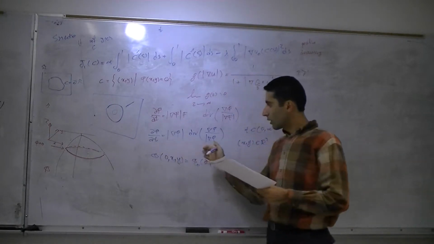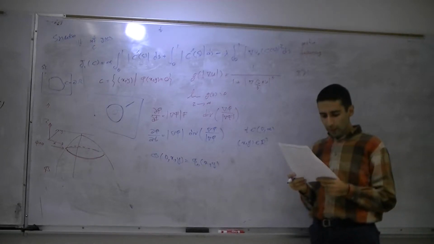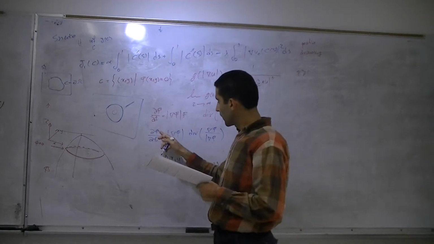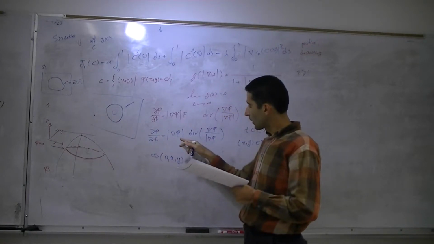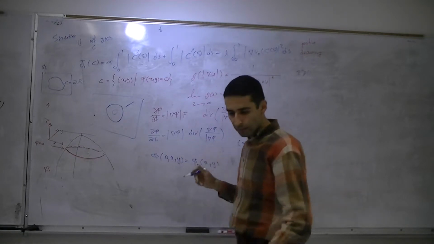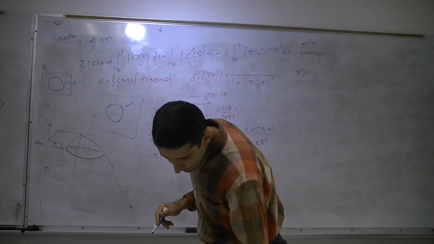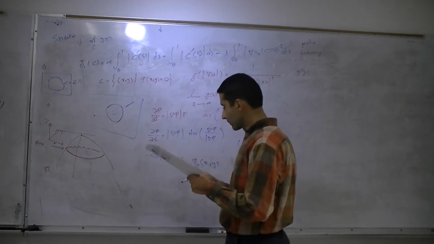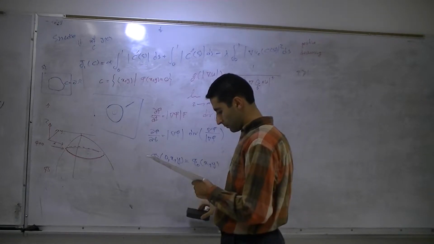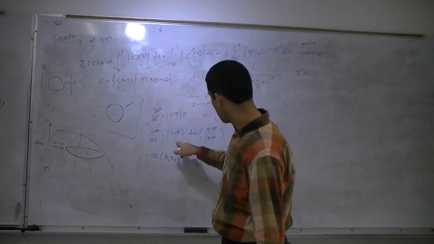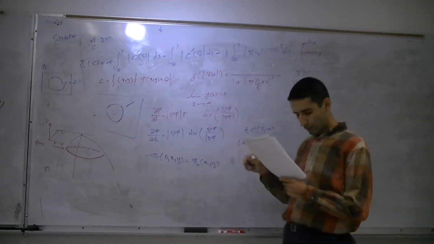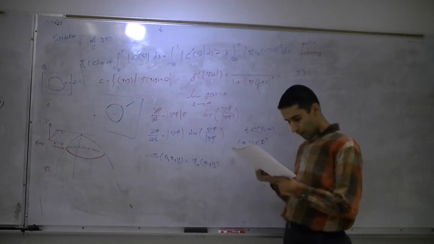In the original version of the snake model, the changing of the curve depends on the absolute value of the gradient of phi and the divergence of this term.